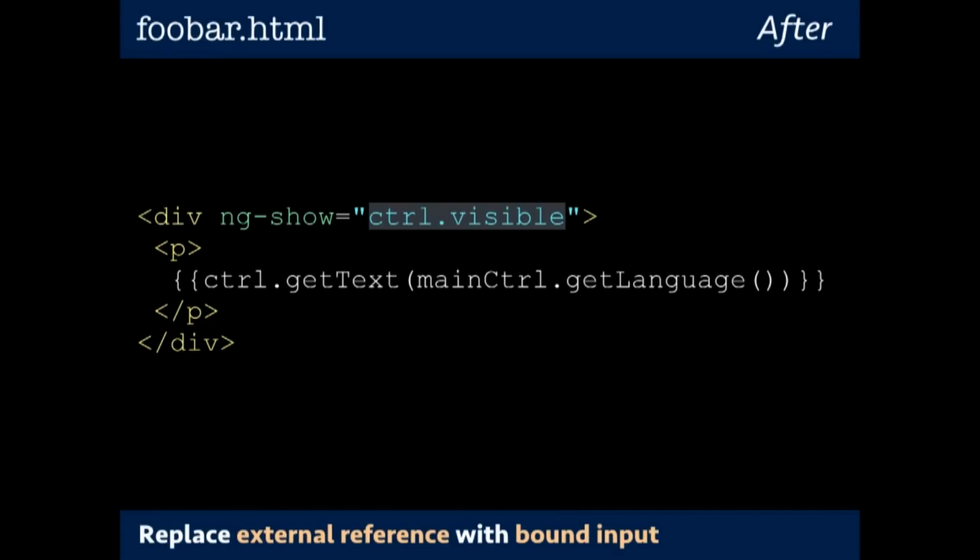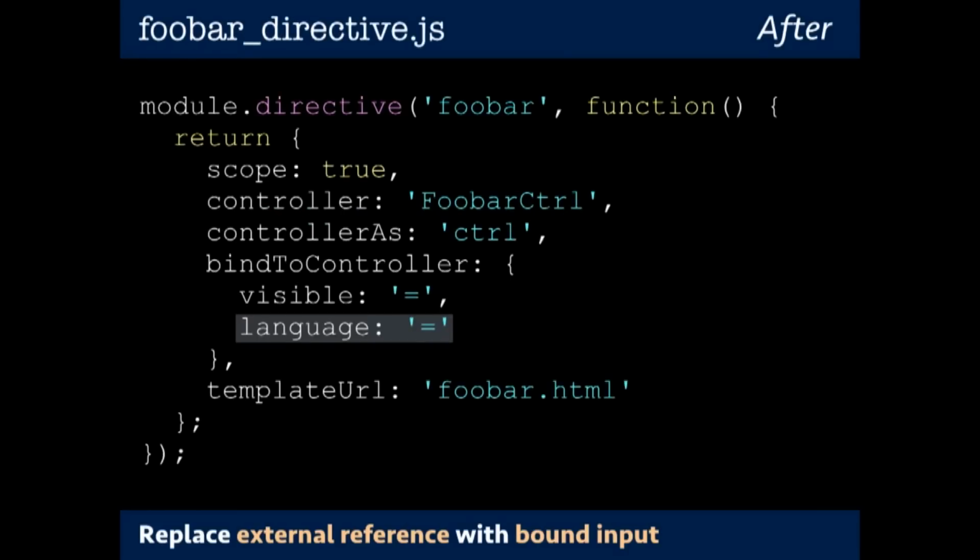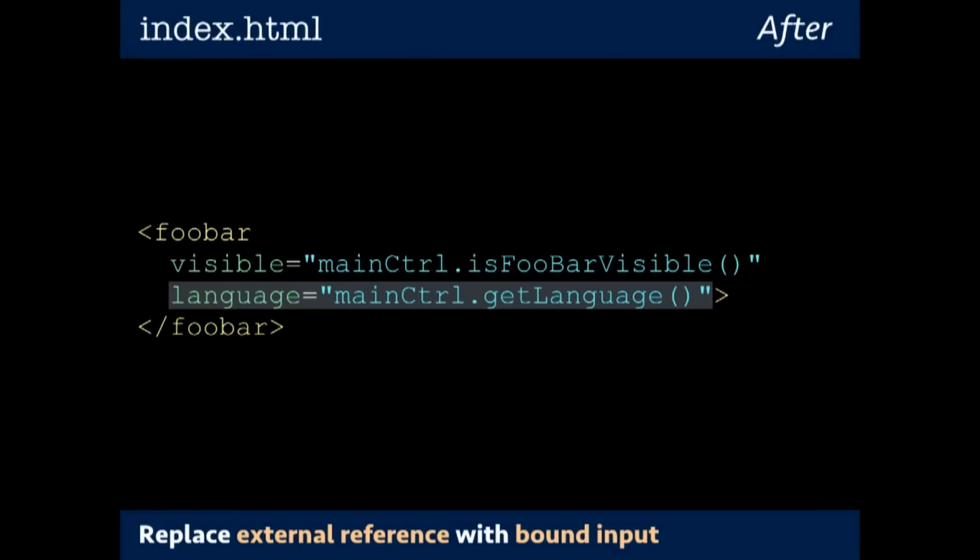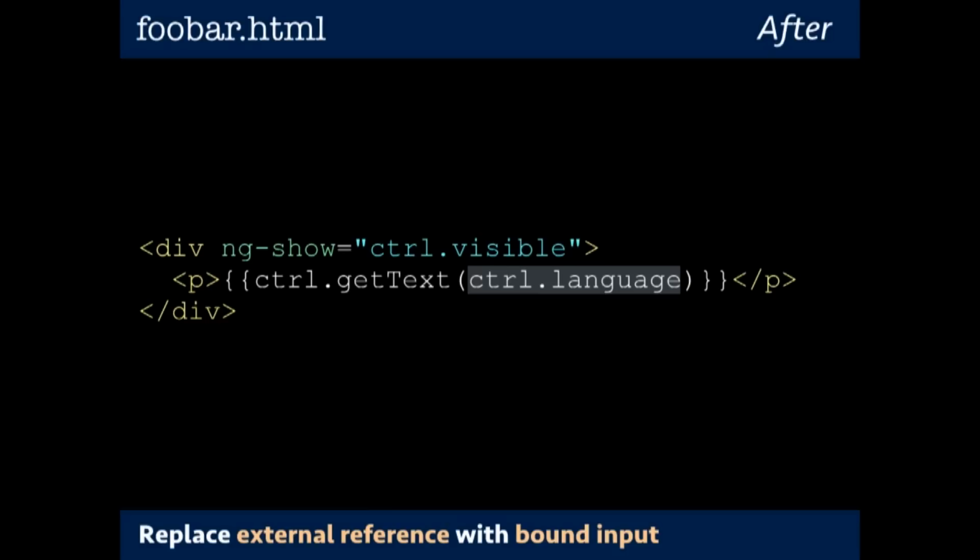And then we go find the next one, which is called main controller get language in this case. We introduce another binding for that, plug in that as well at the interface boundary, and then reference the binding from inside. So now what's inside the component no longer has any references to what's going on outside. We define that all at the interface.